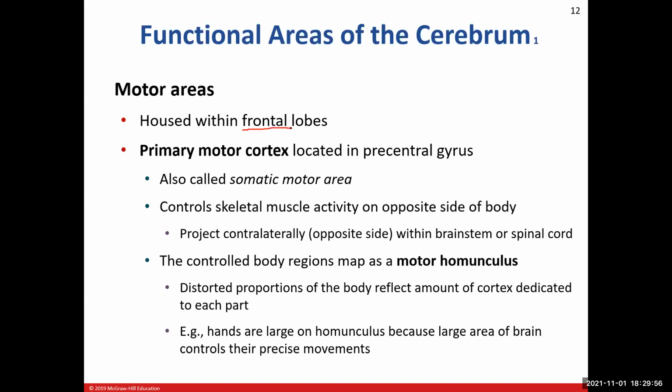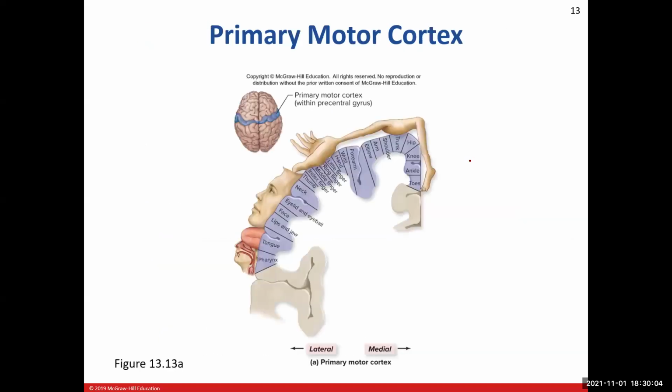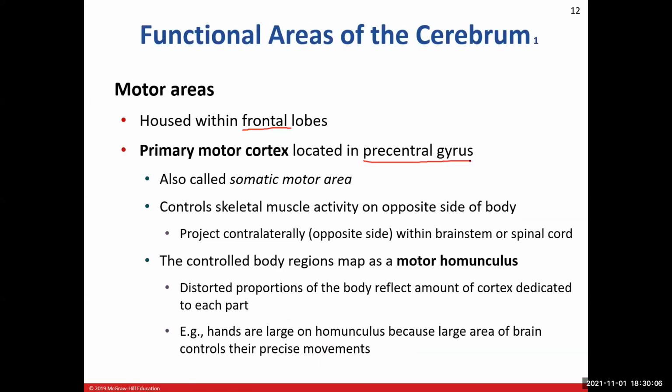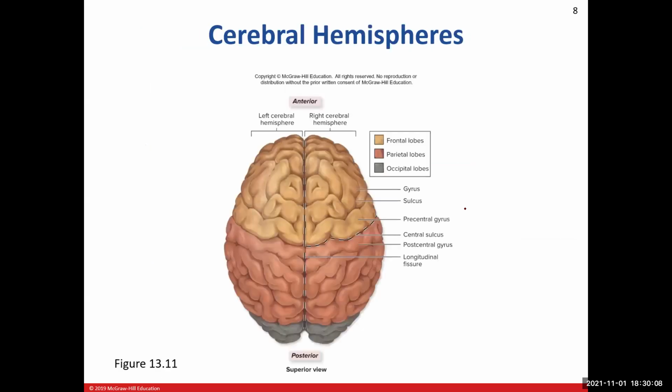We're going to start off with the primary motor cortex. The primary motor cortex is found in the precentral gyrus. What is that? Well, let me find, there it is. Here's the precentral gyrus. This gyrus right here is in front of our central sulcus.